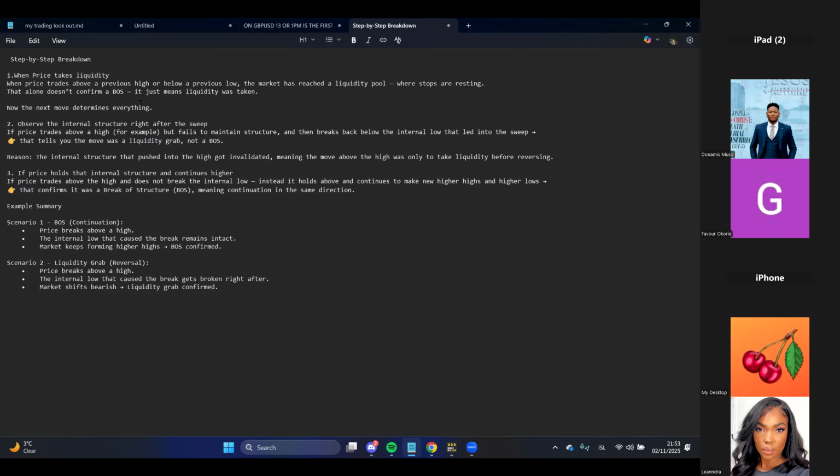Liquidity has been taken. Now, the next move determines everything. That internal structure, it could be a low, it could be a high, that traded below or above that high is what matters. That is what confirms a break or liquidity.